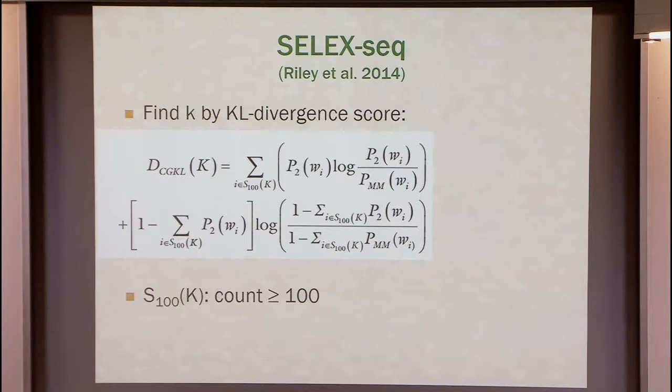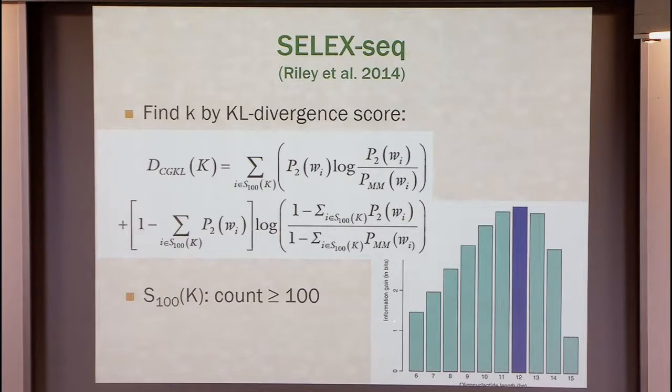So they get a distribution, and they can do this calculation of KL divergence. Where they get the highest KL divergence, they choose that K. This is a way to measure how much information gain we get from choosing that K in the last round compared to the initial round we started from. In their example, it was 12. So that was the choice of K.